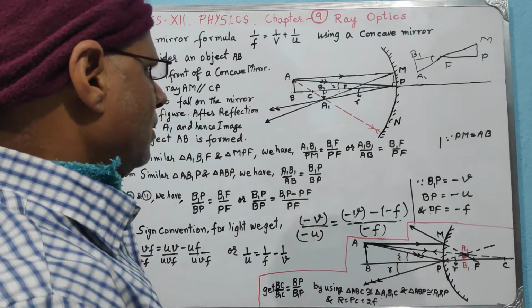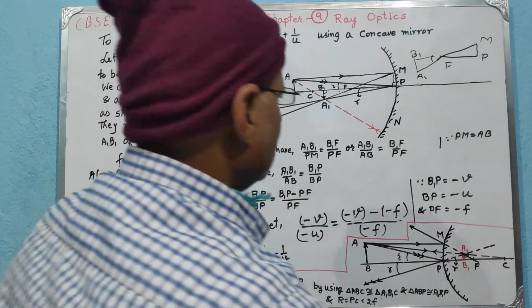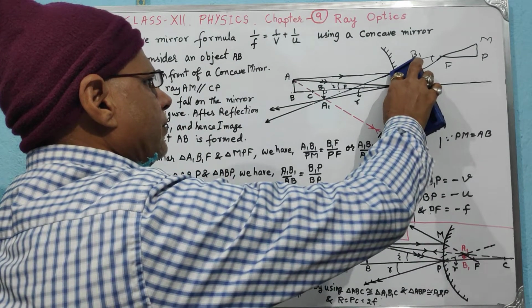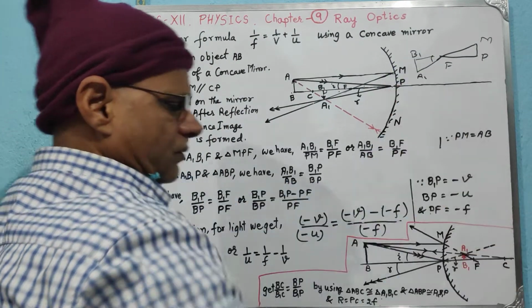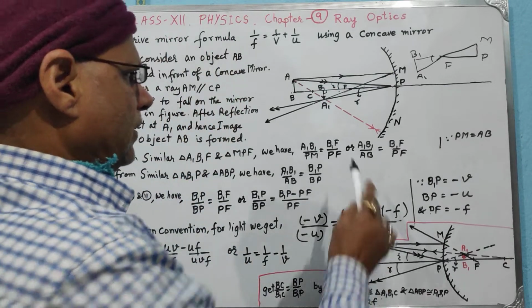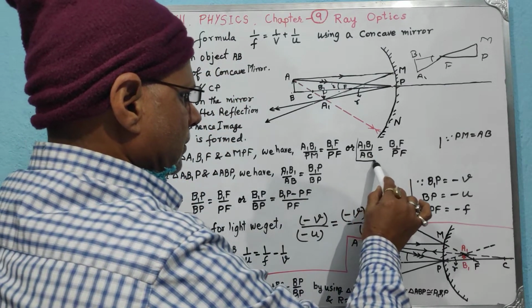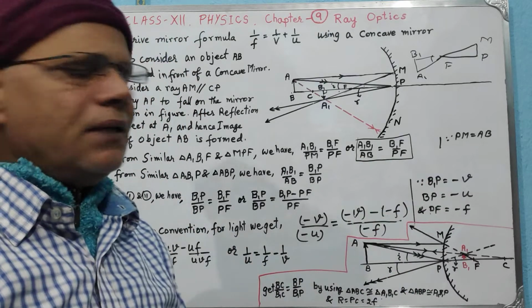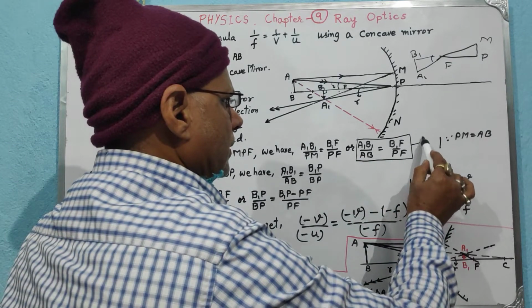So we have PM equal to AB, and therefore we get this format: A1B1 by AB equal to B1F by PF. Let us call it equation number 1.